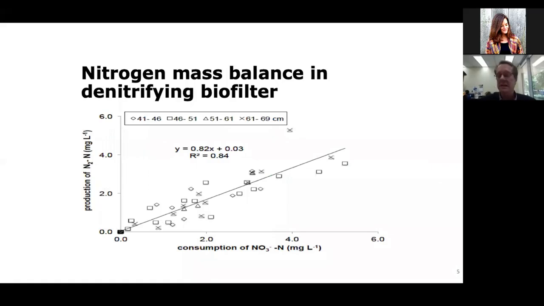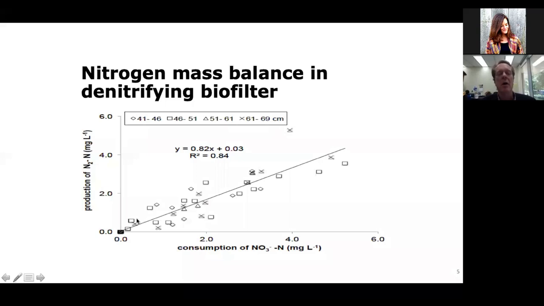So the way these systems work, the question I brought up earlier, most of the industry looks at just removal of nitrate, which you can see down here on the x-axis. This is consumption of nitrate. And as nitrate is consumed, then N2 is produced.